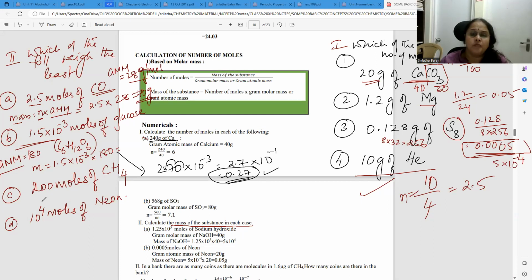It's 200 moles of methane. So 200 into what is the molar mass of methane? 16. Carbon is 12, hydrogen is 1 each. So total is 16. So what will be the mass? It's quite easy.